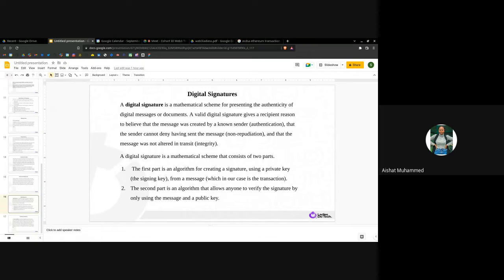The first part is the algorithm for creating the signature using the private key from the message that is being sent, which is the transaction. Then the second part is the algorithm that allows anyone to be able to view the message that is sent, or the algorithm allows that person to receive the transaction that is being sent. I don't get it. Does it allow the person to view it, or does it allow the person to receive it?